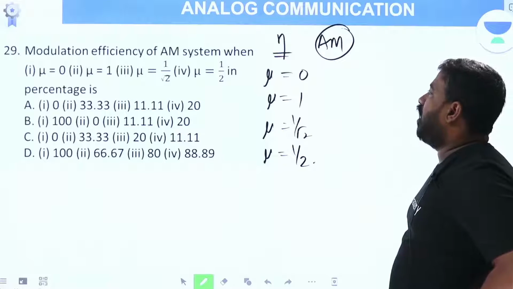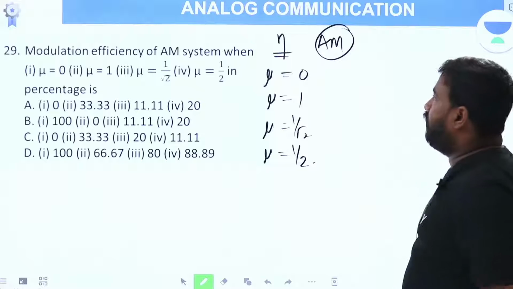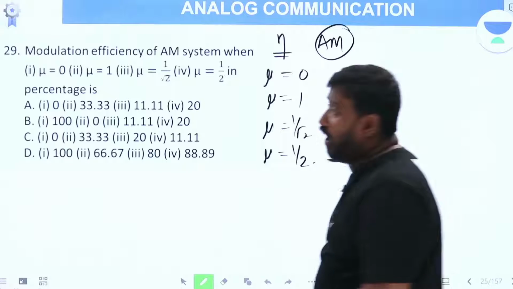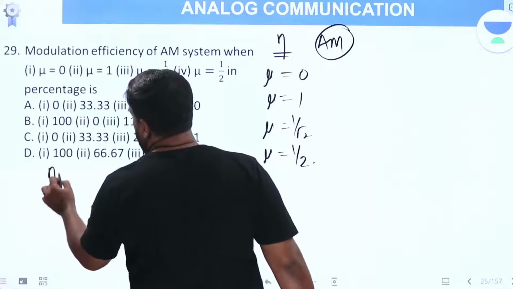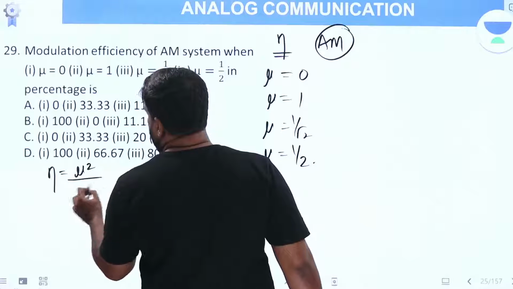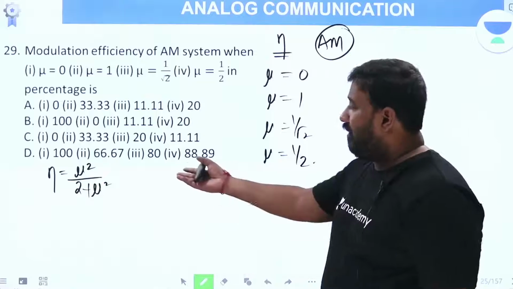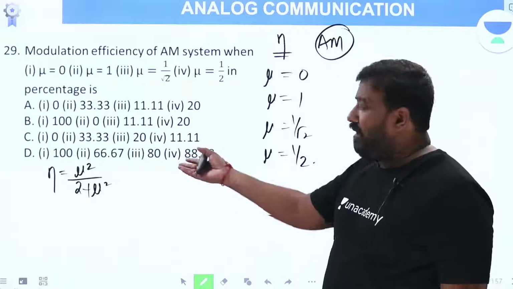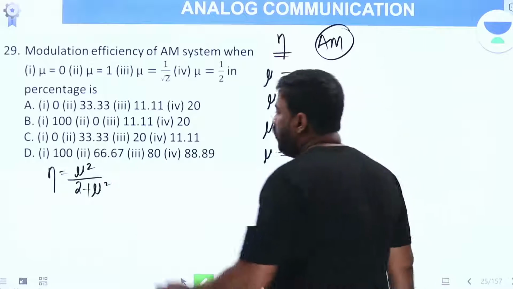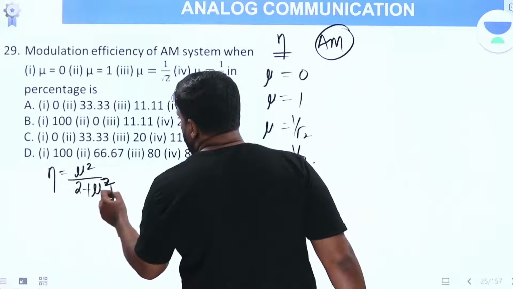Modulation efficiency of AM system when mu is 0. You know the modulation efficiency formula. By default, it is sinusoidal input. For sinusoidal input, it is mu square by 2 plus mu square. In today's class only, I derived this. Eta is mu square by 2 plus mu square for the default sinusoidal input.